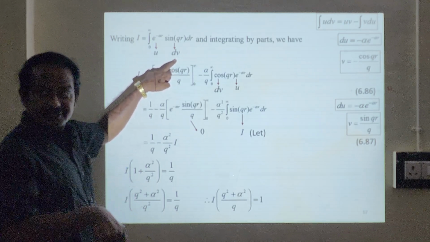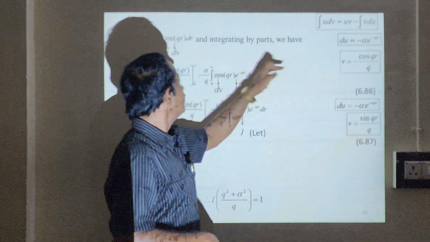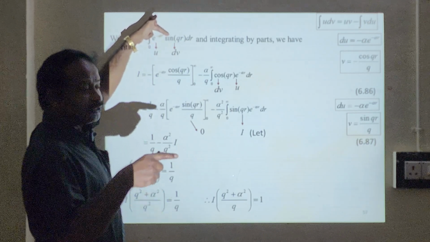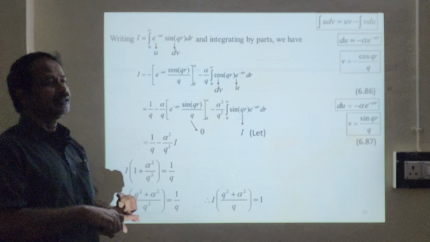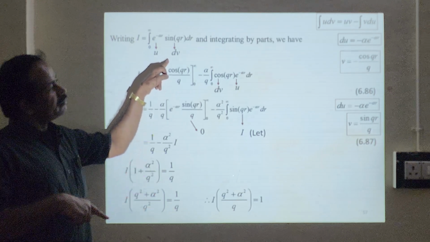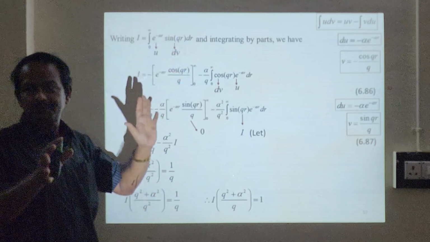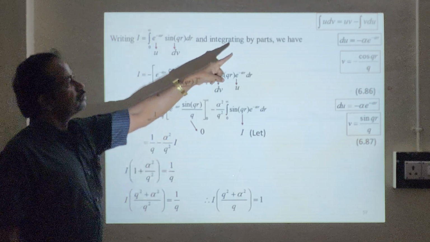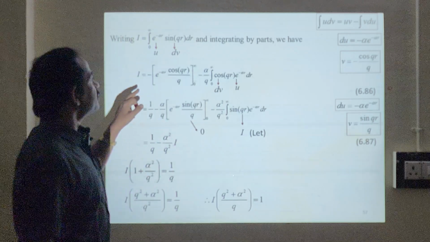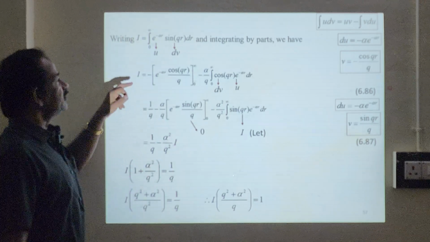Integrate, you will get V, which is minus cos QR by Q. Is it okay? So now you have found UV, dV and du, the four quantities. Now substitute in the famous one, UdV equals UV minus V du.